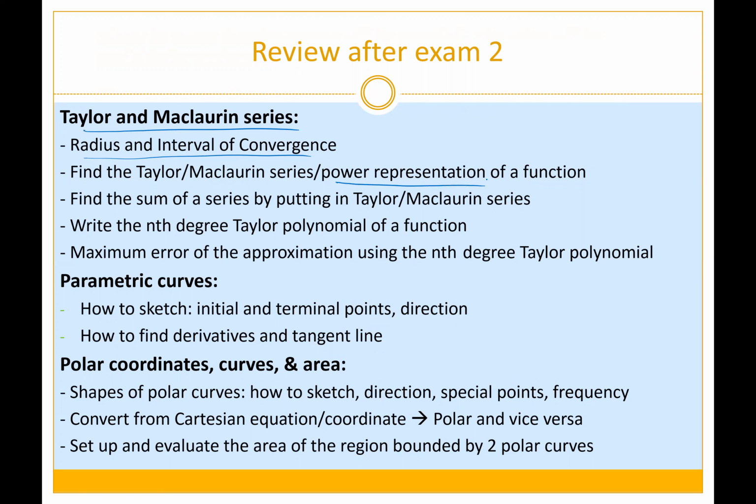In this section, it depends on how good you are at keeping note of what you're doing. Also, find the sum of a series by putting it in Taylor and Maclaurin series. You are given a series, and by putting it back into a Taylor series, it helps you find the sum.